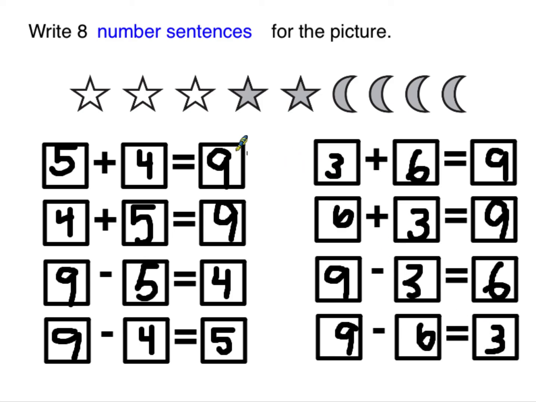Look at that. Still have the same biggest number, because I haven't changed how many there are. I've just changed how to count them.